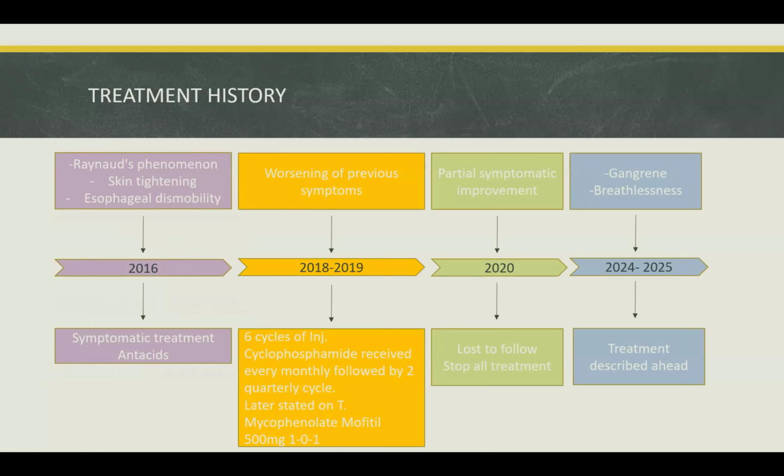She had received 6 cycles of injection cyclophosphamide followed by 2 quarterly cycles and was shifted to mycophenolate. After which, in 2020, she was lost to follow-up and stopped all treatment. Now she presented with breathlessness and gangrene.